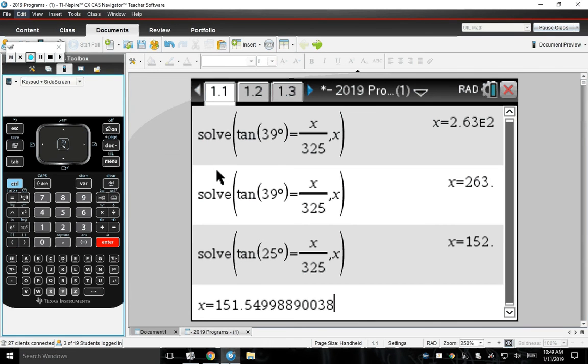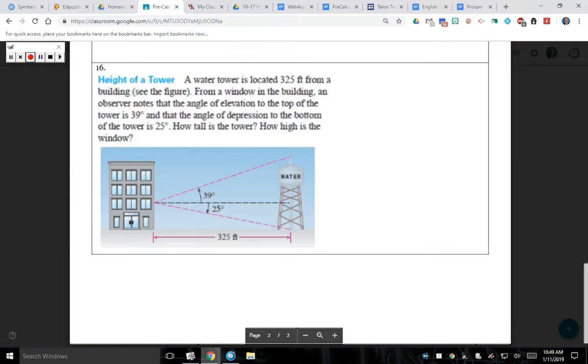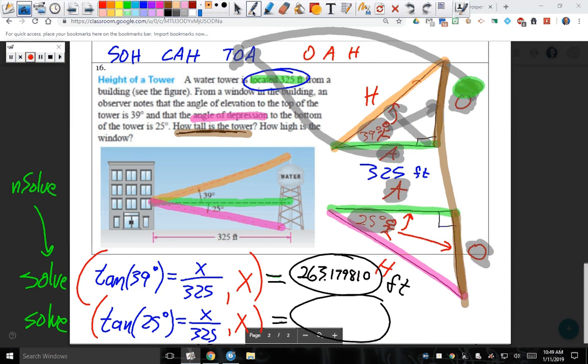Hunter, if you could please do that again, tell me what it would be to 6 decimals. Or Sydney, do you have it? Yeah. Go for it. 151.549.8.